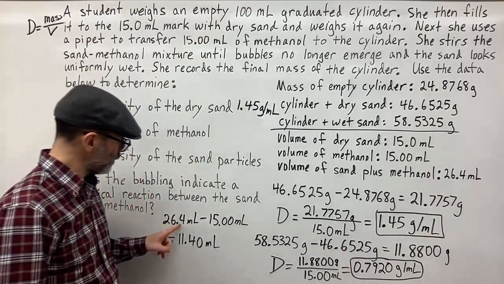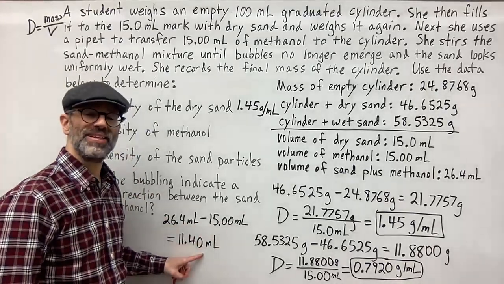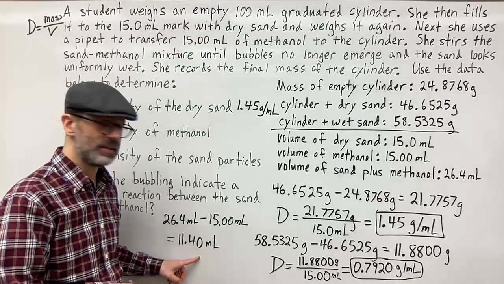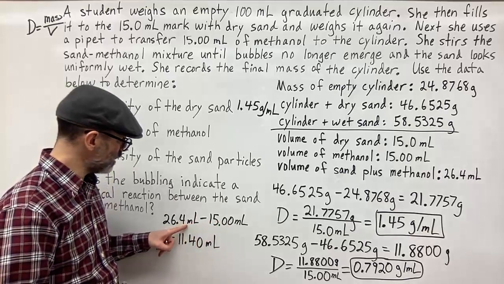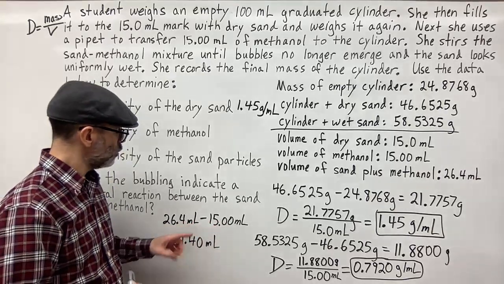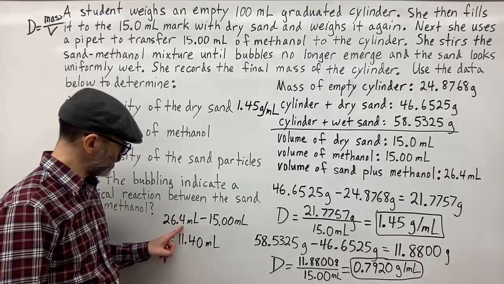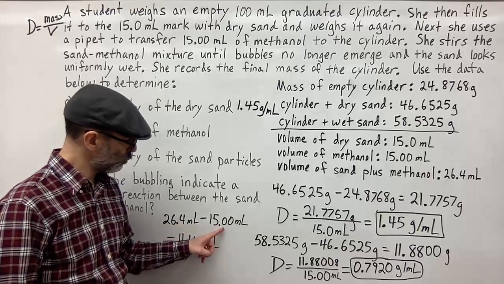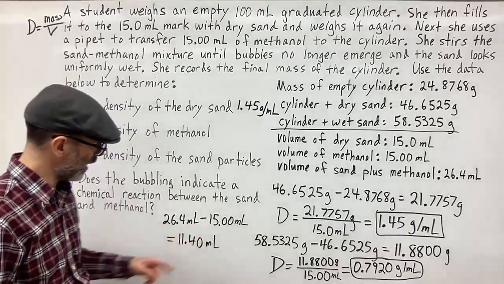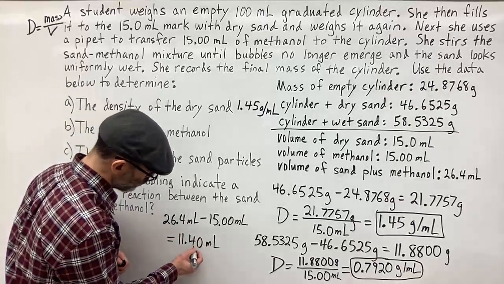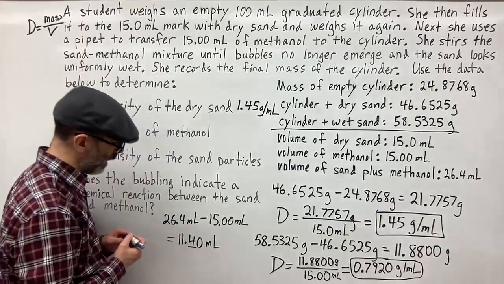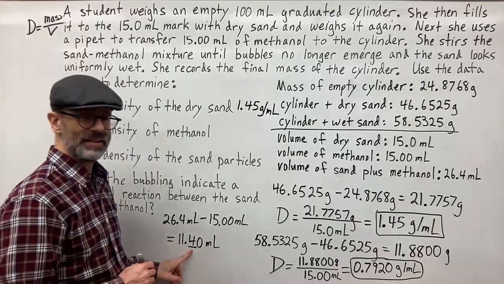Now, when we subtract, again, the answer should have the same number of decimal places as the measure with the least number of decimal places, right? So this has 1 decimal place, this has 2, so 1 is less than 2, so our answer should only have 1 decimal place. So I'm going to put an underline there to remind myself that this is the last significant figure.